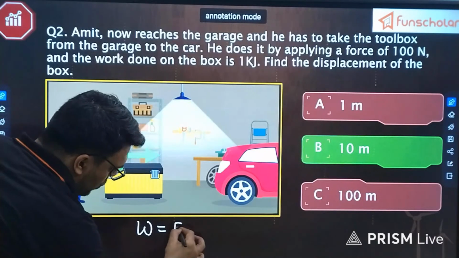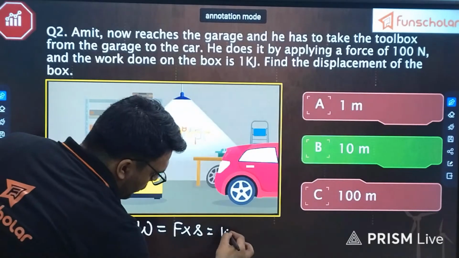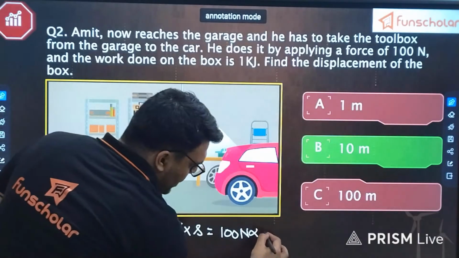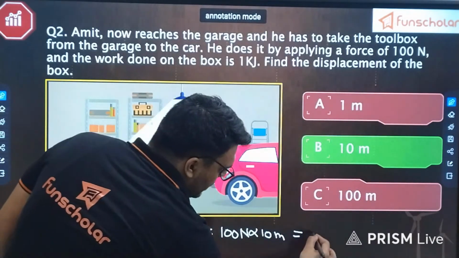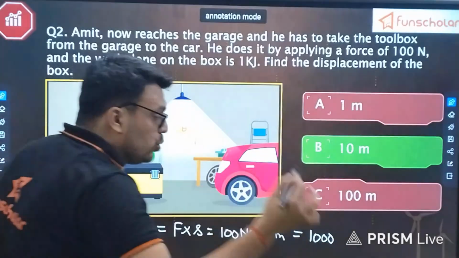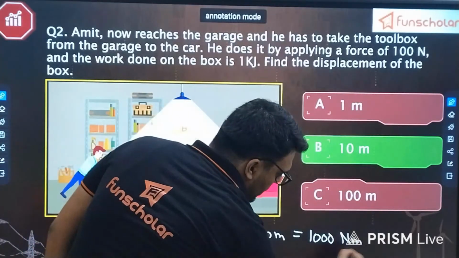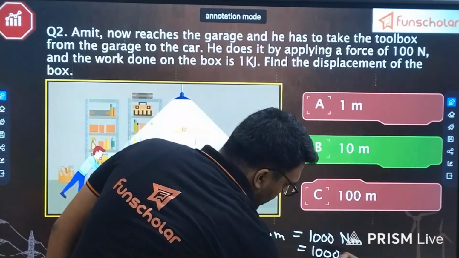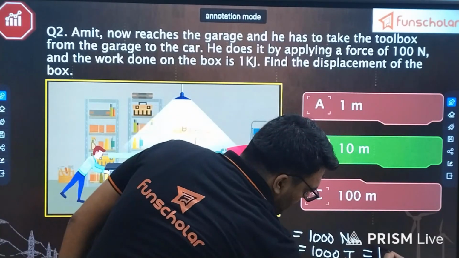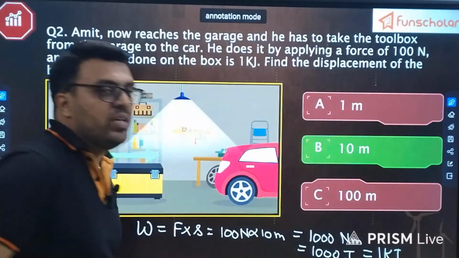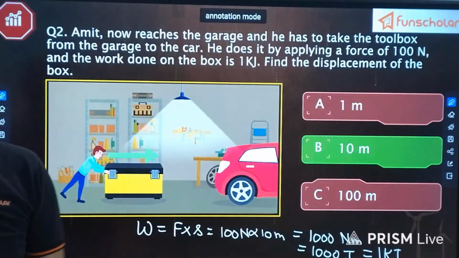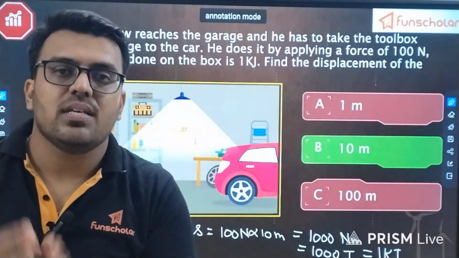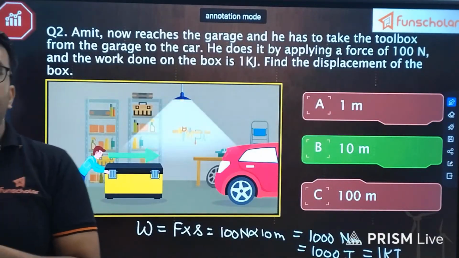Work is equal to force into displacement. Force is 100 Newton. Displacement we have found is 10 meter. That is going to be 1000 Newton meter. Now Newton meter can be substituted by joule, and 1000 joule can be written as 1 kilojoule, which was initially given. So our process and our answer are exactly correct.